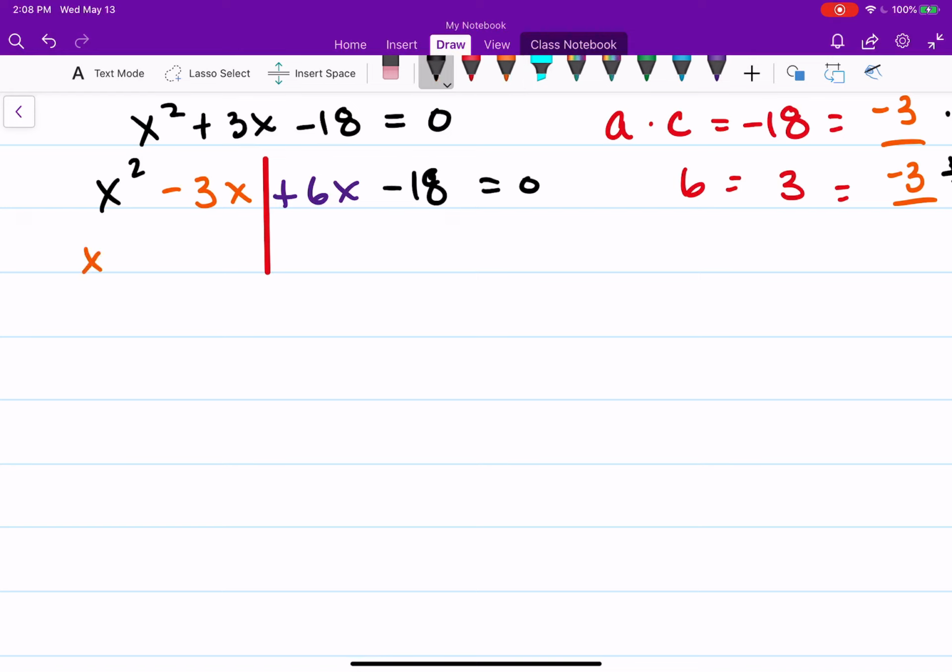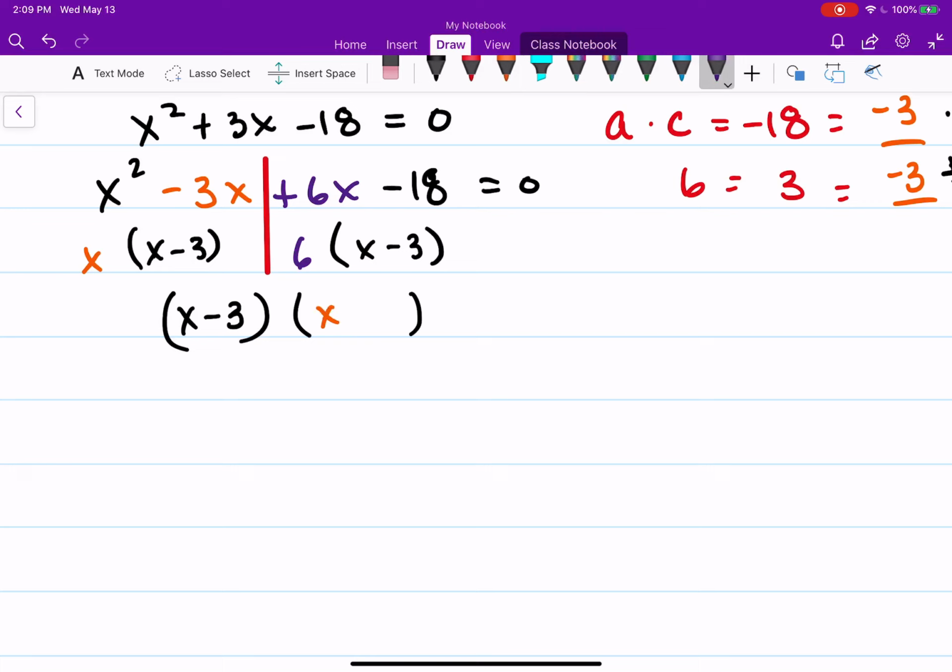So GCF is x, leave me at x minus 3. GCF over here, what goes into 6 and 18? 6 does. Awesome. So x minus 3. So what's in common? X minus 3. What do I have left?